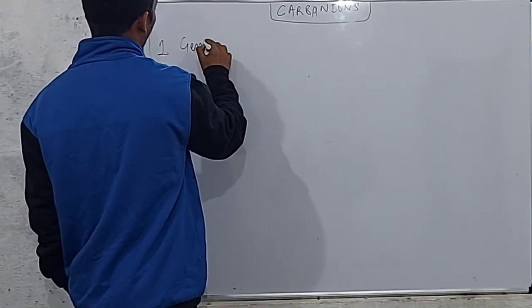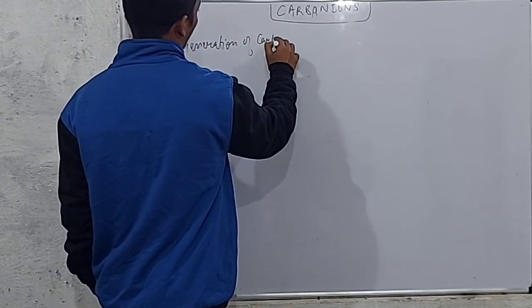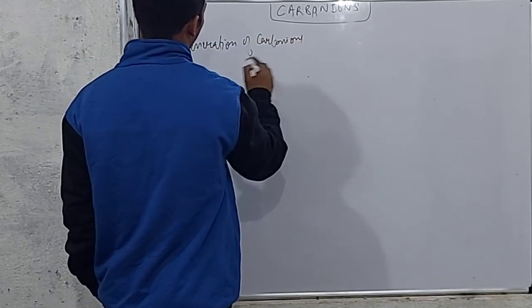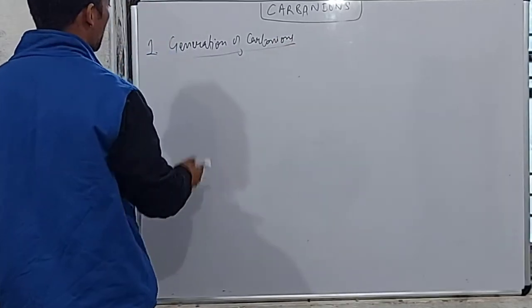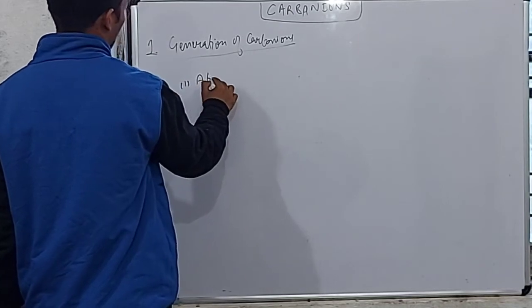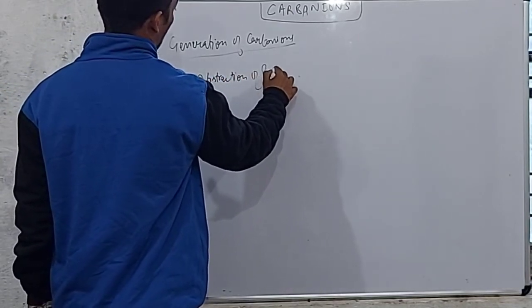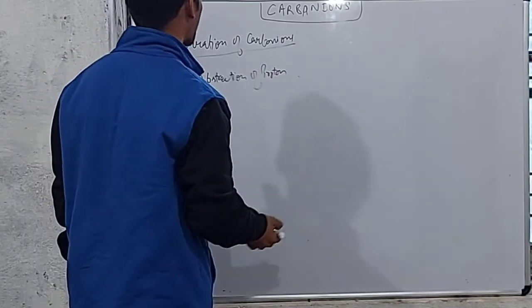Now, generation of carbanions. The first method is abstraction of proton. How can we abstract a proton?